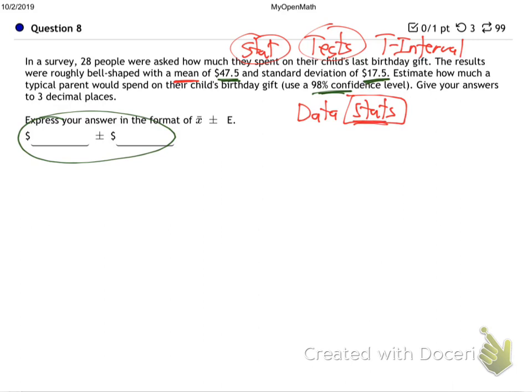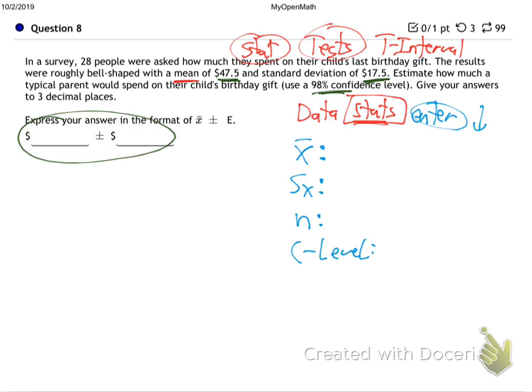So you choose stats there, and then you put the information in there. So hit enter. Then go down, and you'll have X bar, S sub X, and N, and then C level.